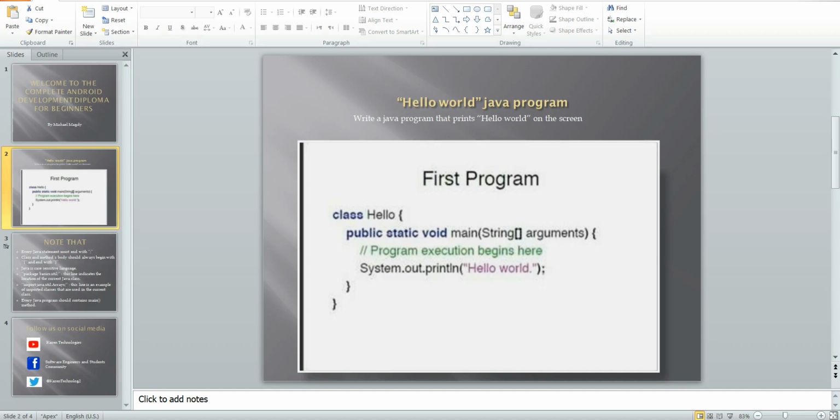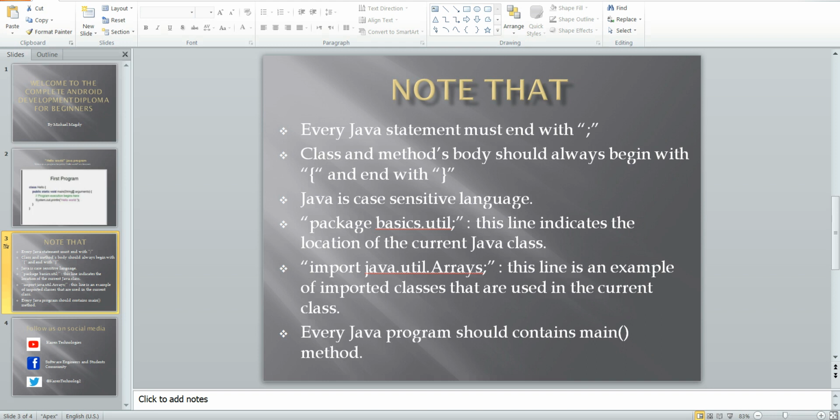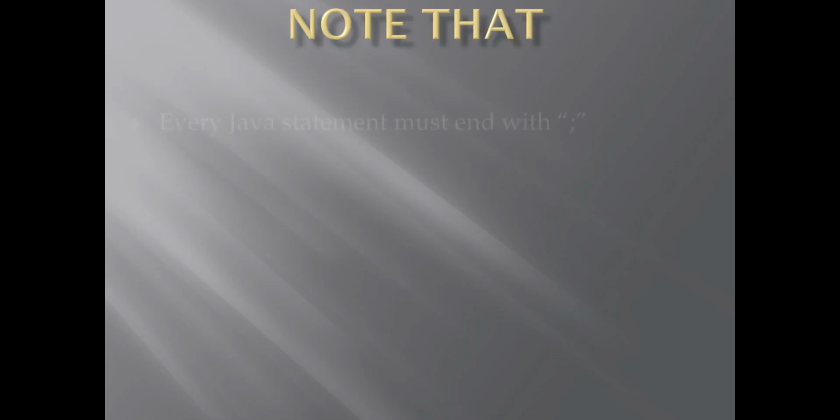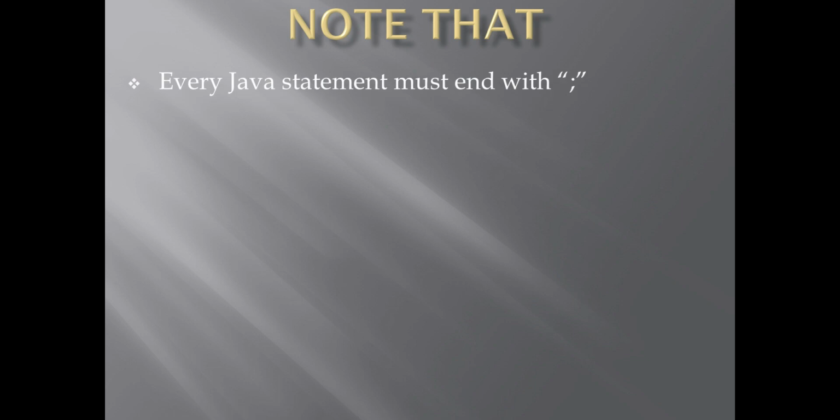I want to tell you some notes before we end this video. These notes you should be aware of while writing code in Java. You already noticed that every Java statement must end with a semicolon.